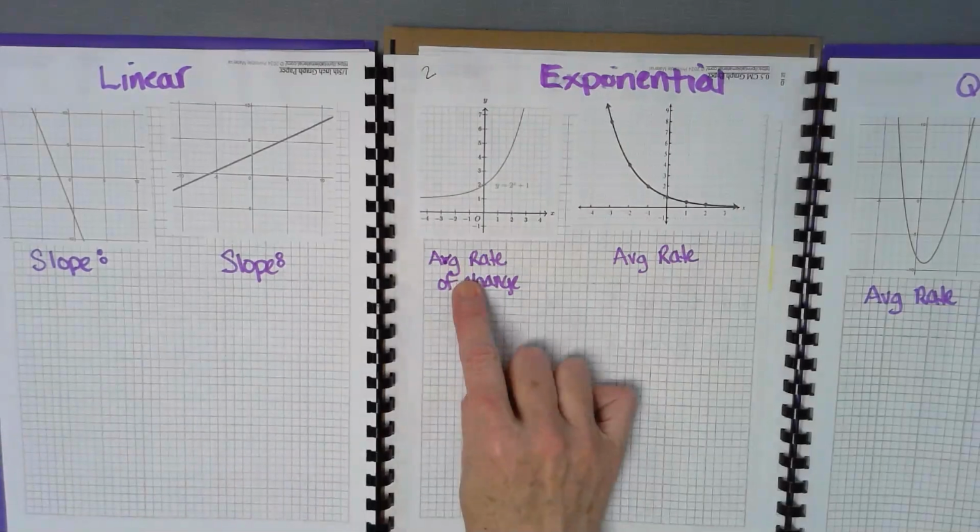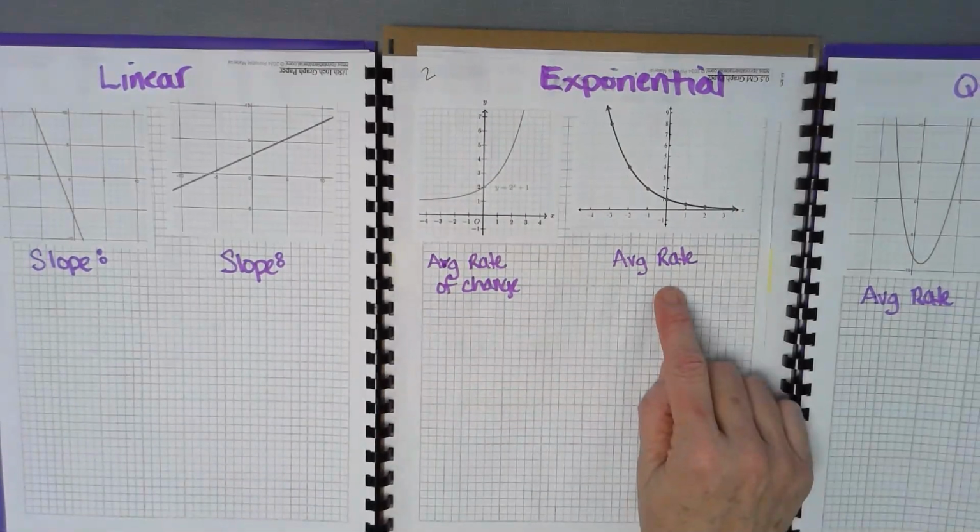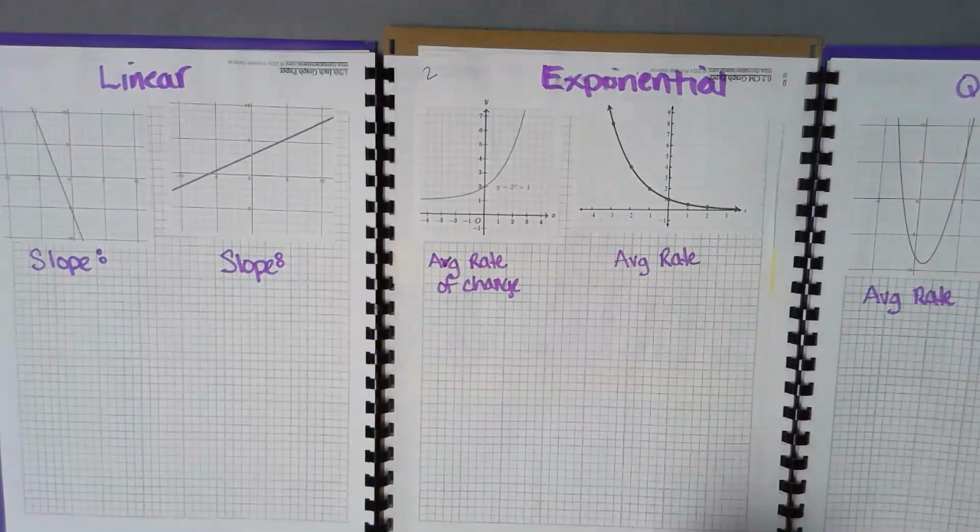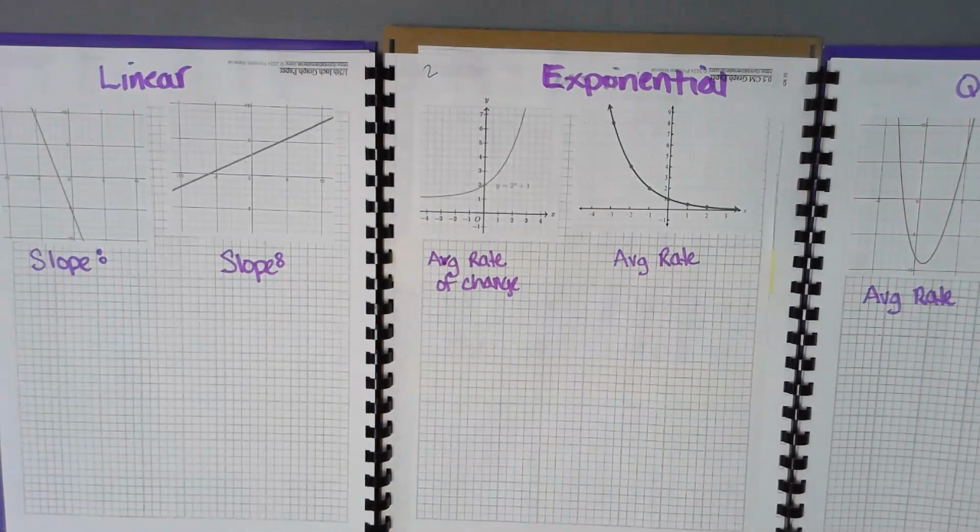Slope, average rate of change. If you want to just shorten that to average rate, it's fine. I'm just helping y'all get everything set up for yourself, okay? What you may want to do is go so far as to just start, you see what I'm saying?